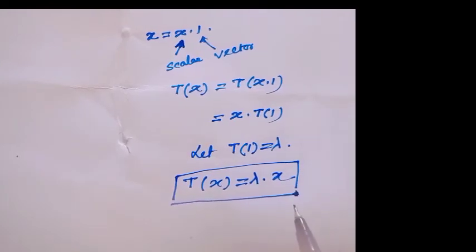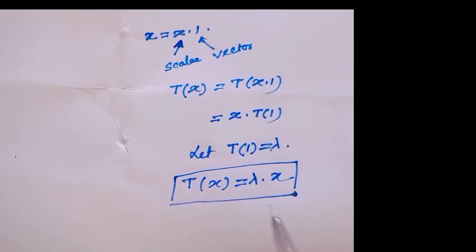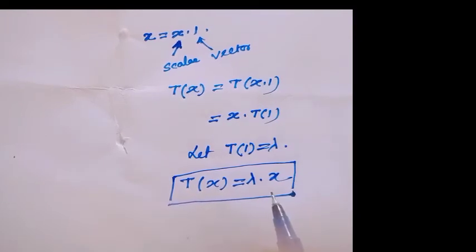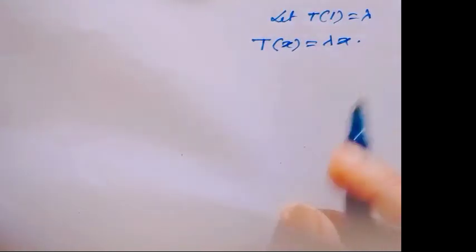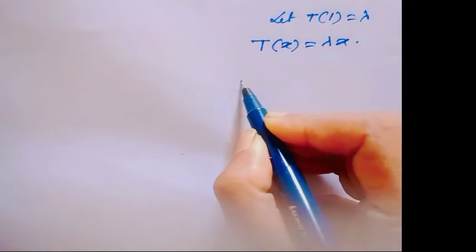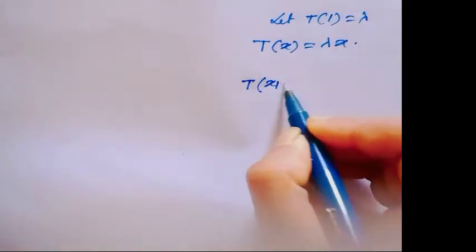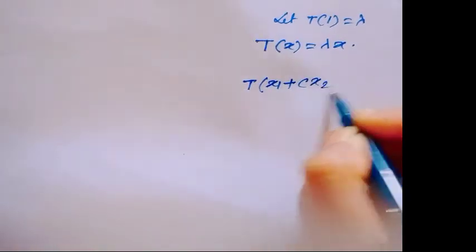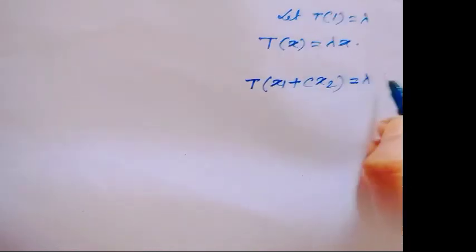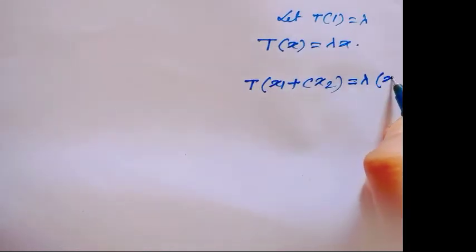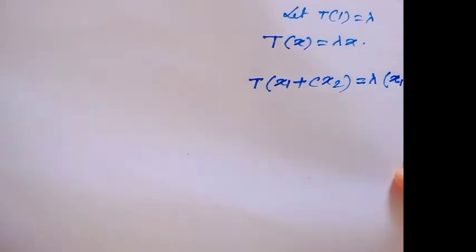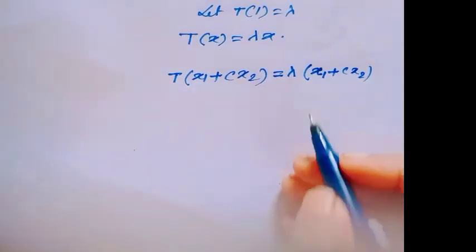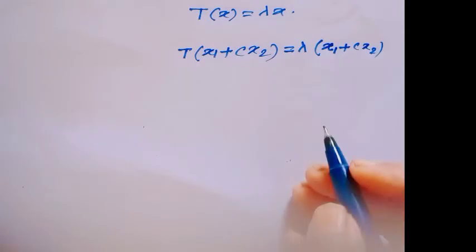Well, now let's verify: is this defined function linear? To prove linearity, consider two vectors x1 and x2 from R. Then T(x1 + c x2) is equal to lambda times (x1 + c x2), by the defined function.